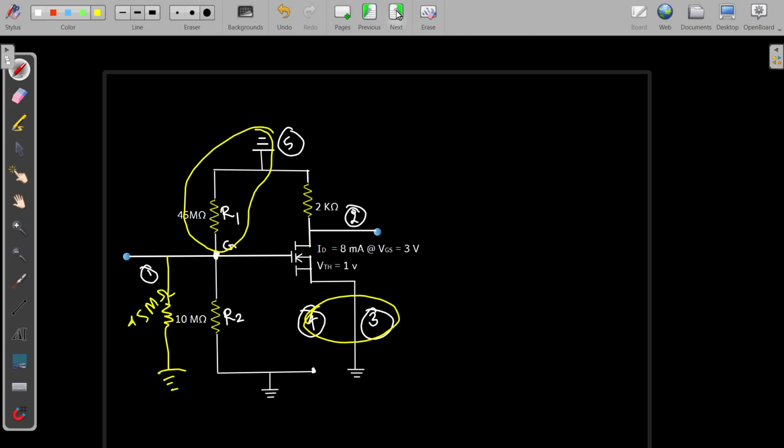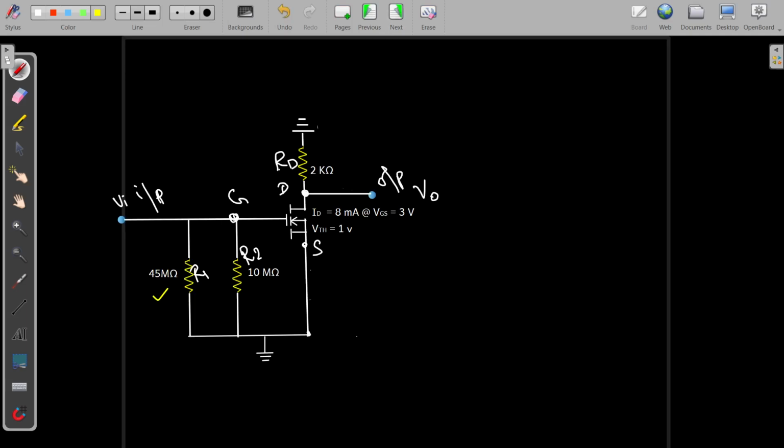So that we have done here like this. Okay, so this is your R1, this is your R2, and this source point is directly grounded, and this RD has one end connected to drain, the other end connected to the ground. Okay, so we have the equivalent circuit after short circuiting the capacitors as well as grounding the VDD and open circuiting that RS resistance.